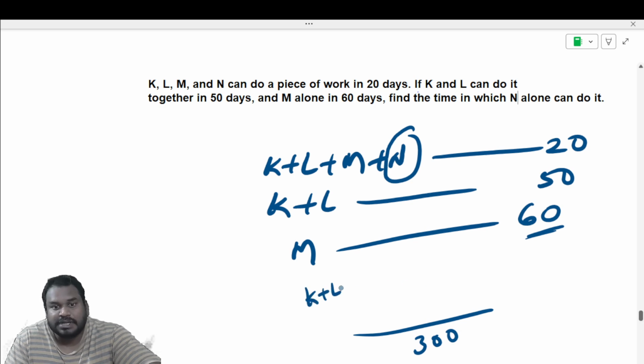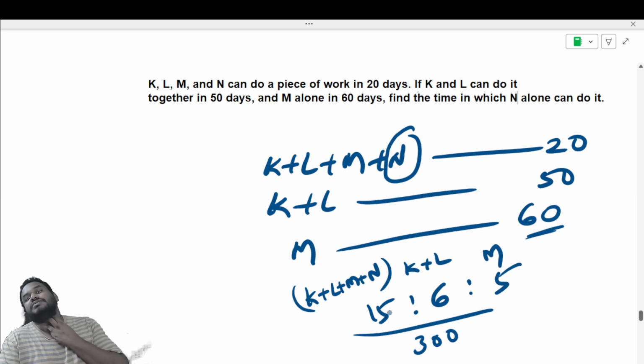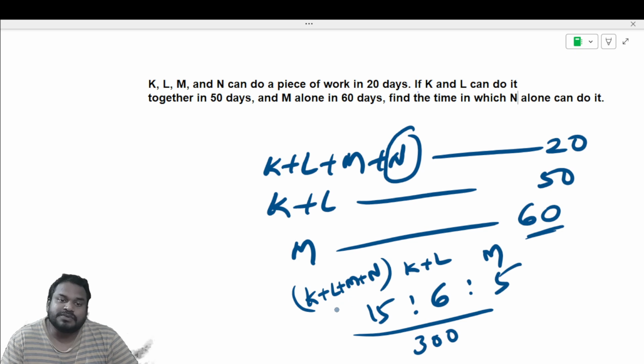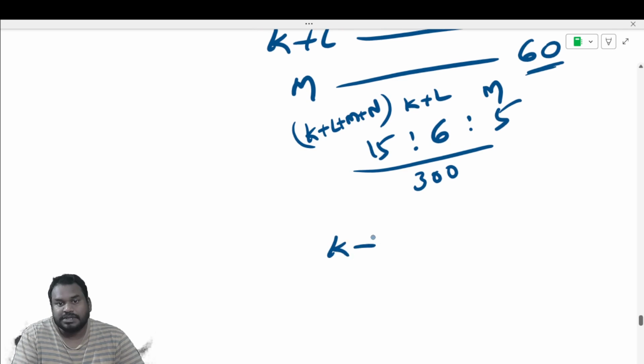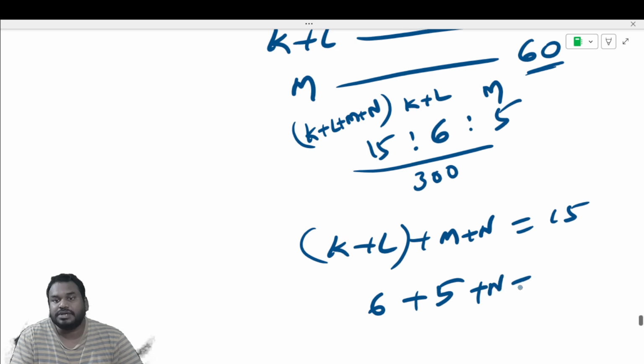So for K plus L plus M plus N, the efficiency is 300 divided by 20, that is 15. For K and L it will be 300 divided by 50, that is 6, and for M it will be 300 divided by 60, that is 5. So now we have the efficiencies. K plus L is 6, M is 5, and you don't know N, and the total is 15.